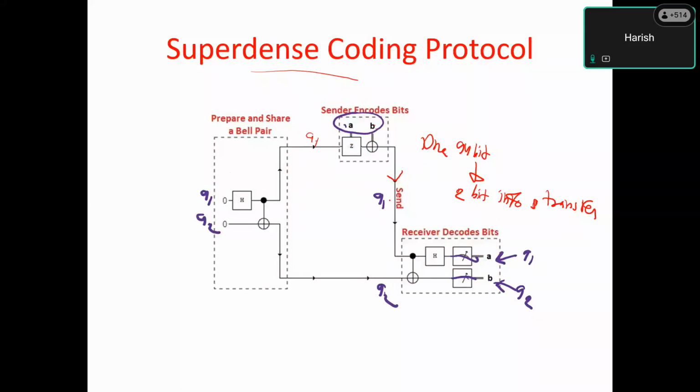At the receiver side, Bob has both Q1 and Q2 and applies the decoding steps, a CNOT gate and a Hadamard gate. On measuring Q1 and Q2, Bob gets the A and B values which Alice wanted to send. So through this protocol, we are able to send two bits of information using a single qubit Q1 to Bob. I think I have recapped that. Are there any other queries?